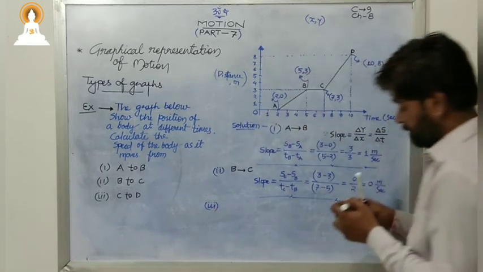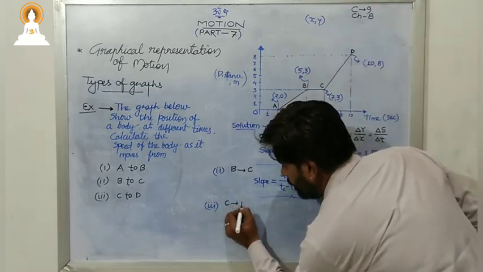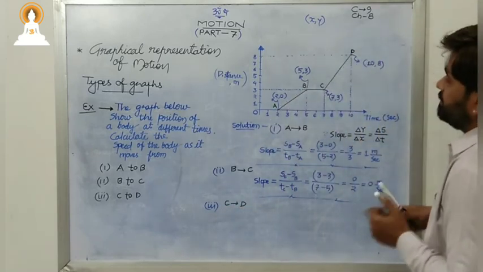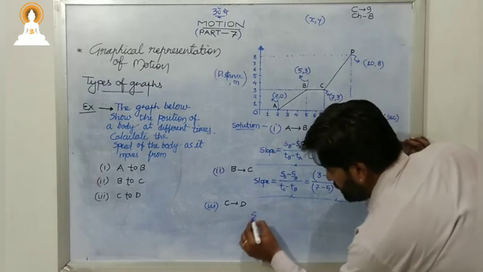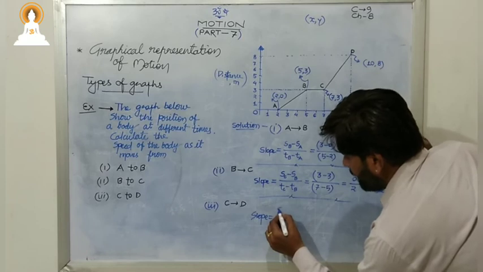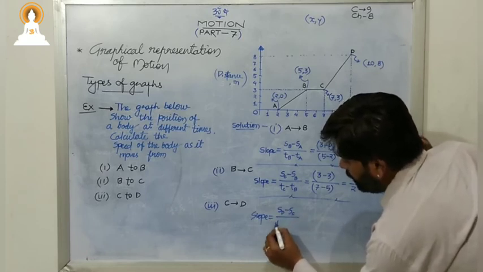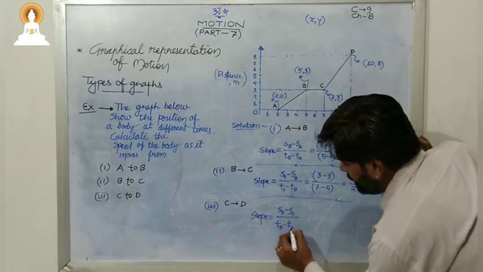Now the last one, the third one. In the third one, we have to calculate it for C to D. Slope will be SD, the final position, minus SC upon TD minus TC.